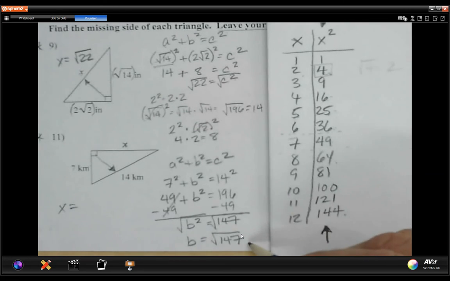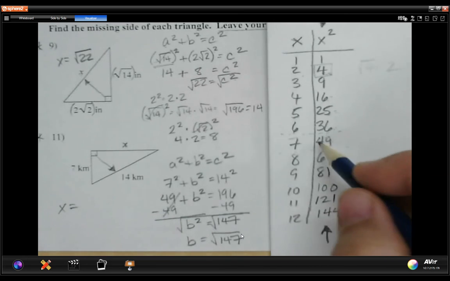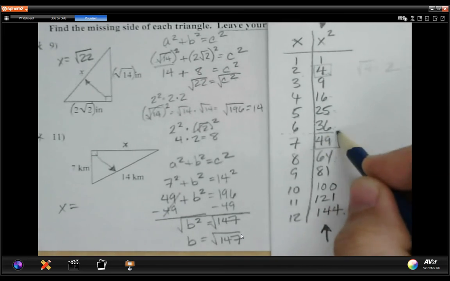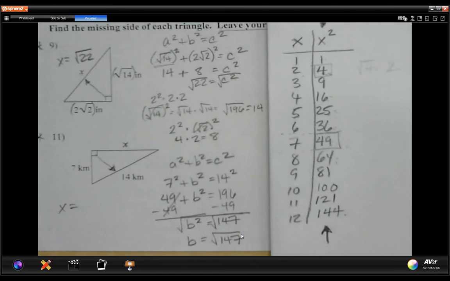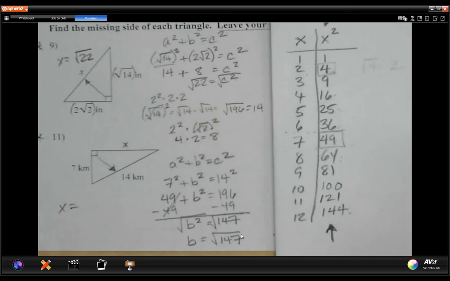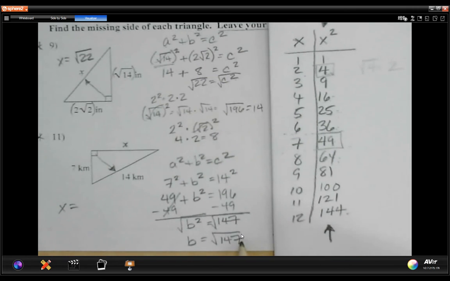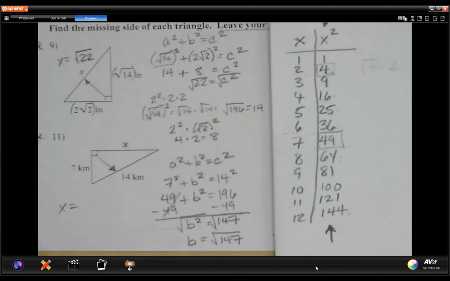If you take 147 divided by 64, I don't think it goes into it evenly. But if you move up here to this number right here, maybe it doesn't look like it initially, but if you check with your calculator, you'll discover that 49 goes evenly into 147. As a matter of fact, it goes into 147 3 times, okay?